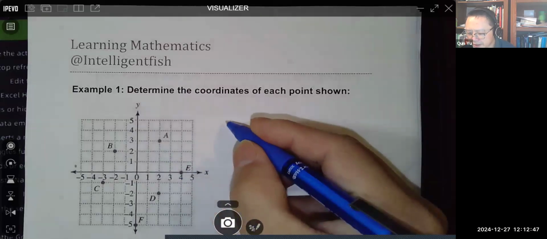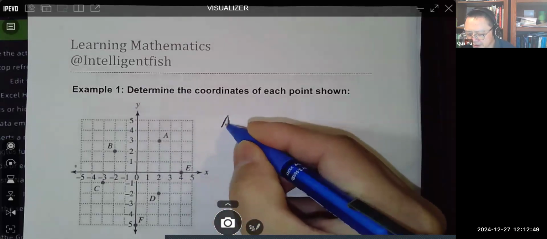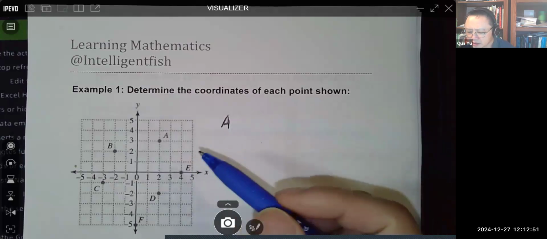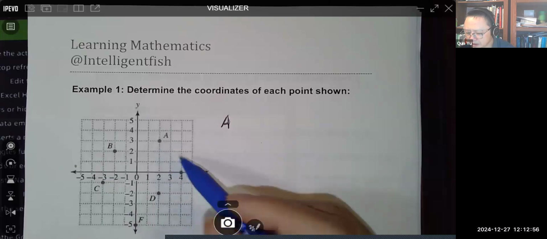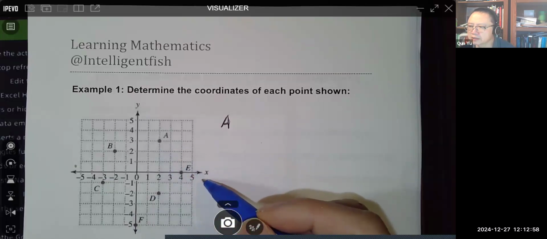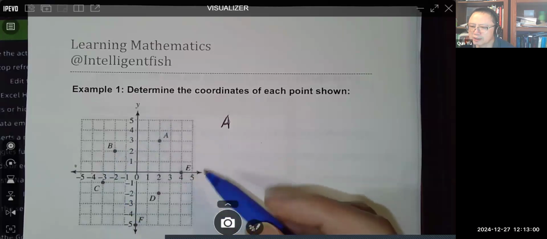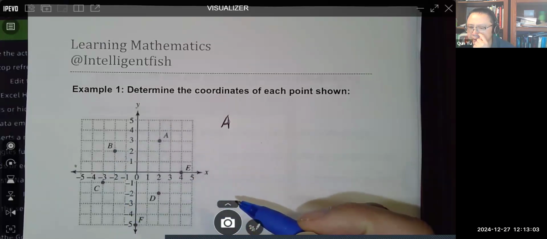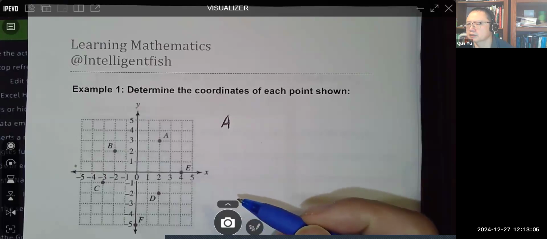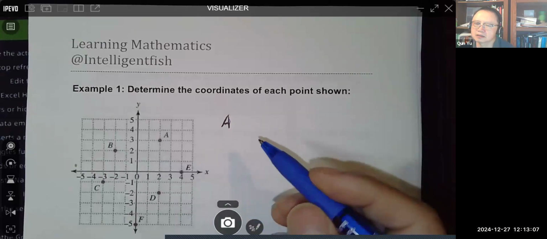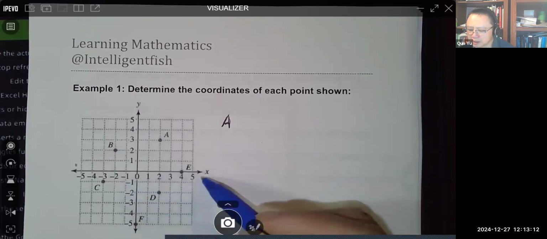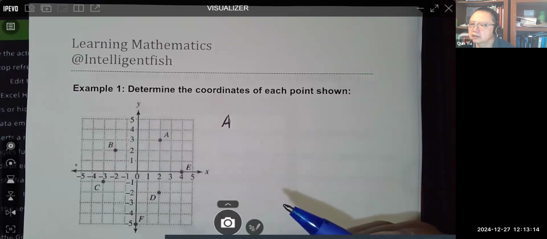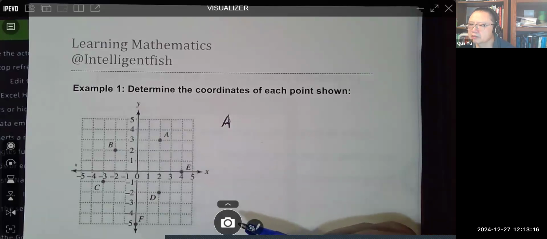First is point A. Now to determine the horizontal coordinate for this point, in general, we use x and y to label these two axes for the lack of specific meaning. In real life, if you have specific meanings for these two axes, you need to label them with those specific meanings.